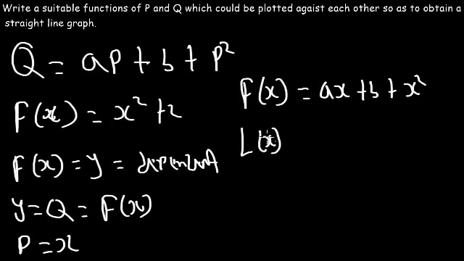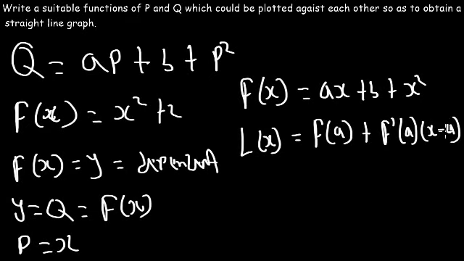L of x, which is the linearization form of f of x, is given as f of a, where a is a number, not this a that we have over here, plus f prime of a, multiplied by x minus a. A is a number and not the a we are having over here. So don't mix them up.